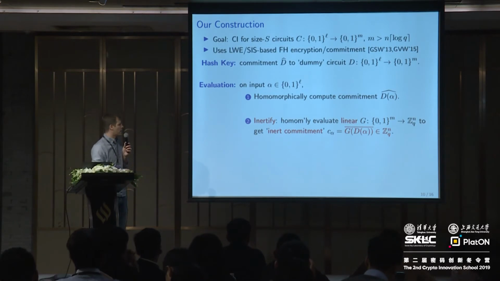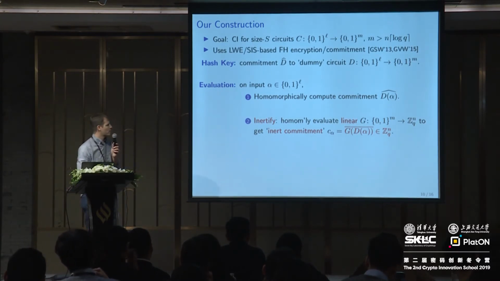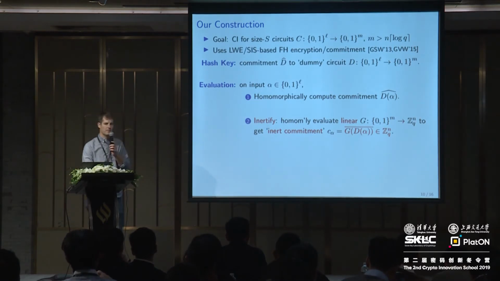One of the key properties of this inert commitment is that the commitment value itself is a vector in Z_q^n. This is going to be very important because the commitment C alpha is in Z_q^n, but the value that it commits to, G of D of alpha, is also in Z_q^n.